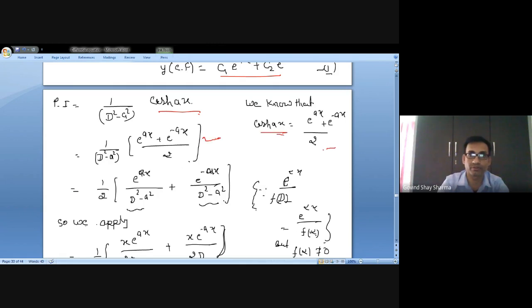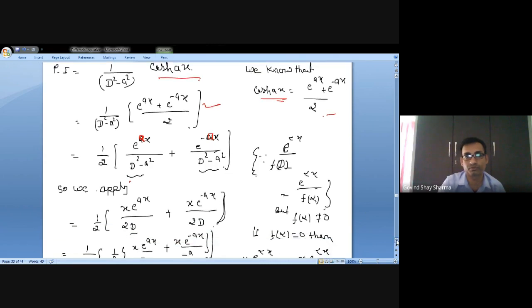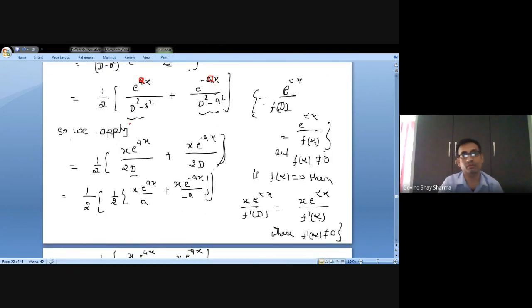We replace the value and it becomes this. But here A is there, minus A. When we put D is equal to A, it becomes 0. So we apply this method: that f(alpha) is equal to 0, then we multiply with x and differentiate with respect to D.